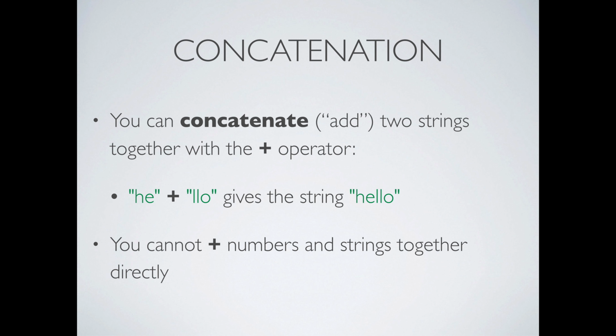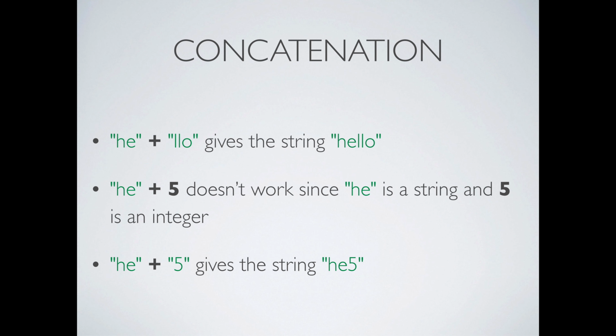Something to keep in mind with string concatenation is that you cannot use this plus operator on different types. You can use it on two numerical types, you can use it on two string types, but you cannot mix numbers and strings together, at least not directly. There are a couple of workarounds though.